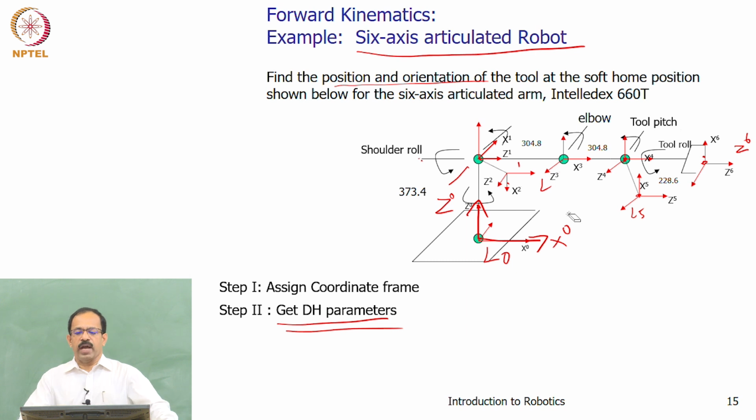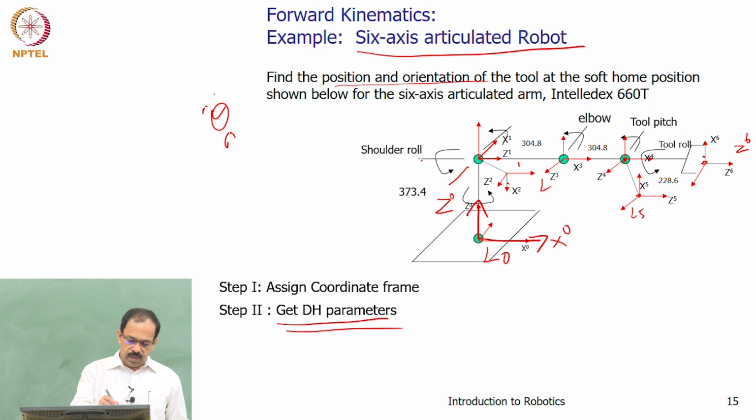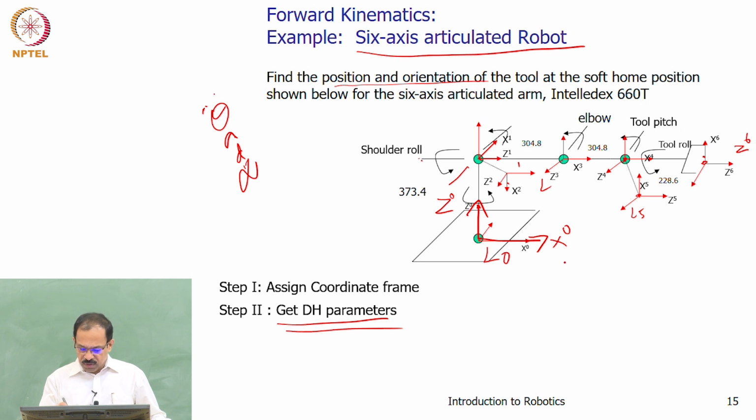Once you have this, the next part is to get the DH parameters. We assume that theta is variable, so for the time being we don't try to find the actual value of theta. First, we'll find all the fixed parameters A, D, and alpha. So we have theta 1, and then what will be A1?